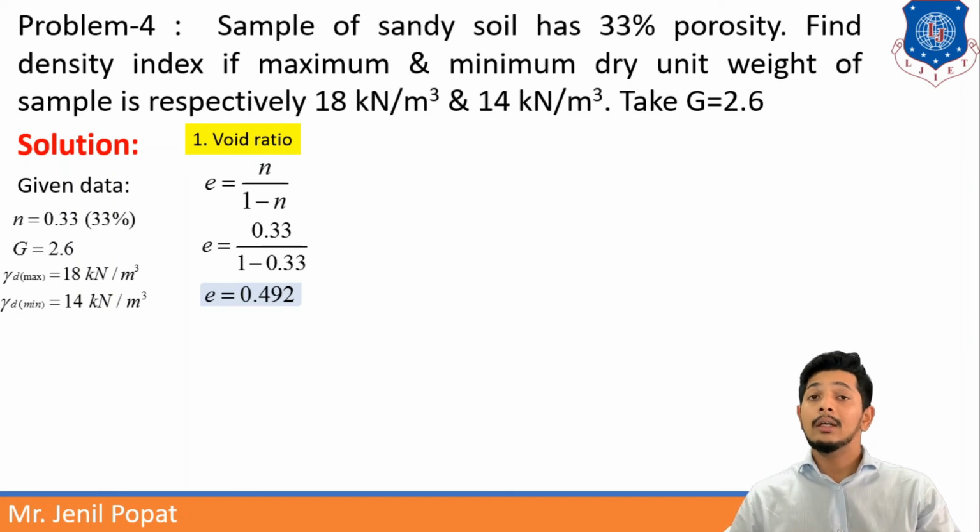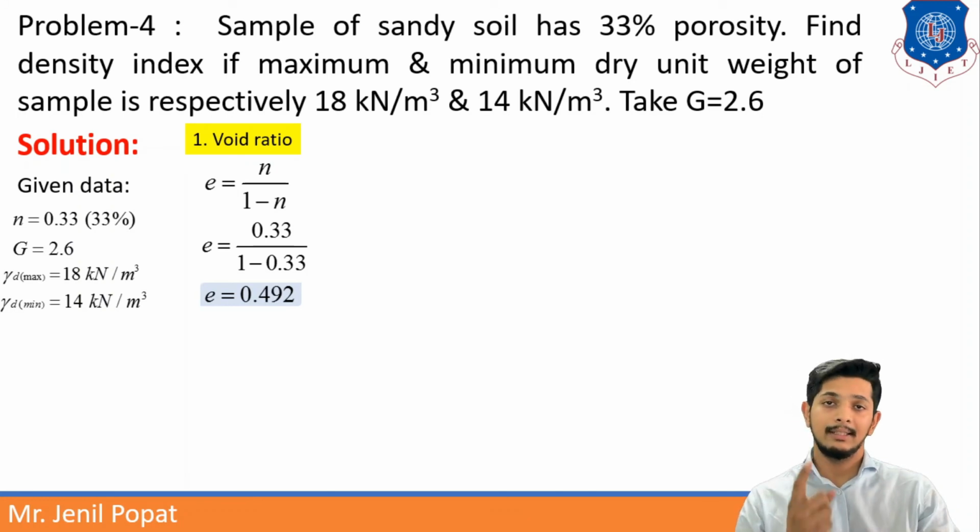Moving forward, I will need dry density, maximum and minimum to find out E minimum and E maximum. Here, if I am going to find ID, that is density index, so I need E max, E minimum and E. I got first item, that is E, but I need E maximum and E minimum too. For E maximum and minimum, I have to use gamma D max and gamma D minimum formula.